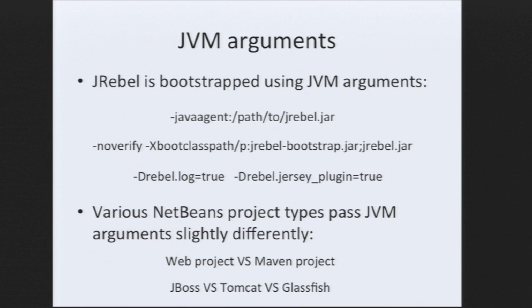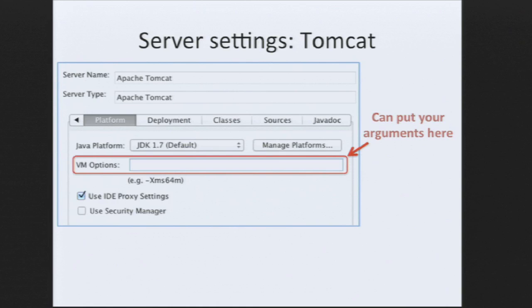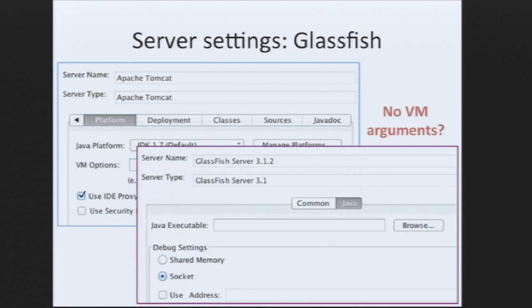From the user's perspective, for instance, you have Tomcat, and you go to the configuration window of Tomcat, and you can find VM arguments there. But in the case of Glassfish, you open the same window and you do not find it. So this is the consistency problem for the user, right?